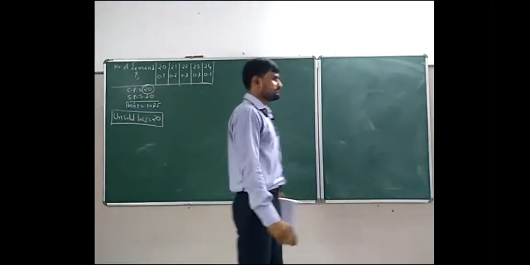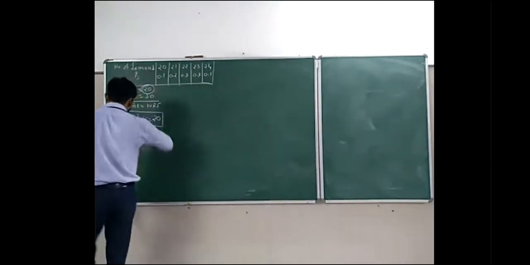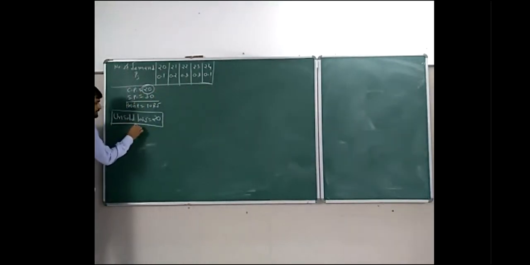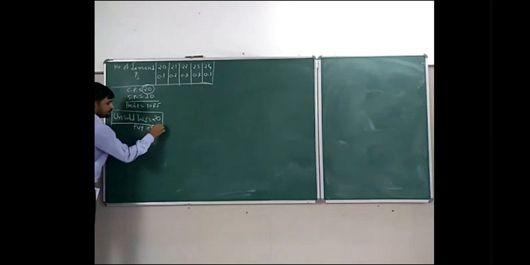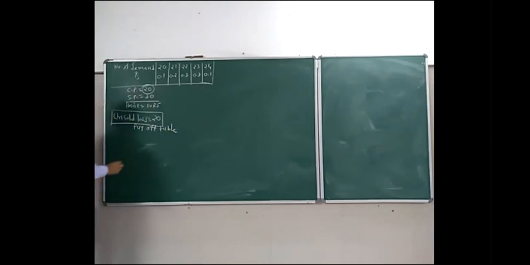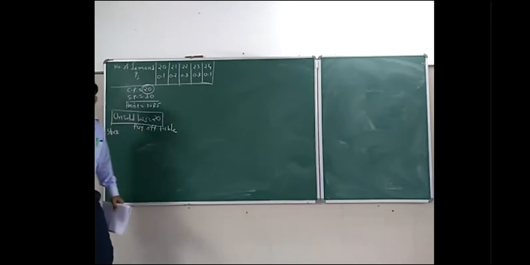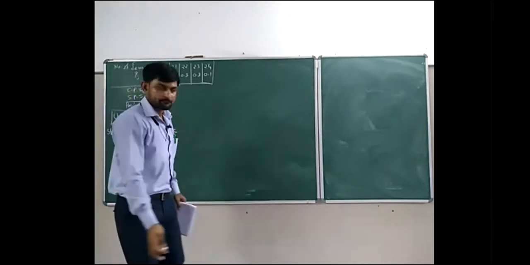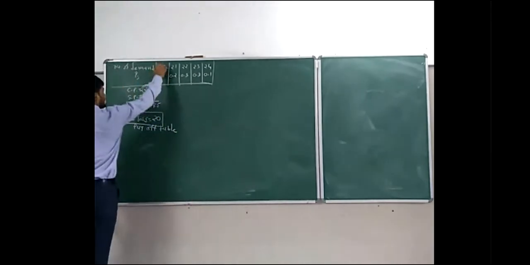Okay. So now we'll first prepare the payoff table using this information. First of all, as per the demand, we have to keep stock of the pastry. So what are the options we have?